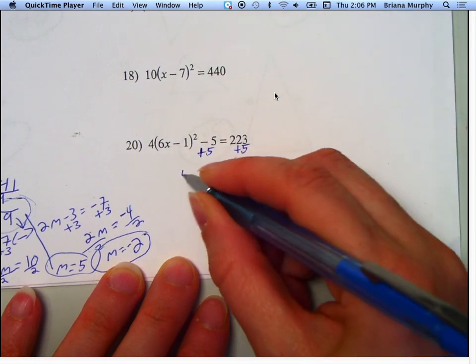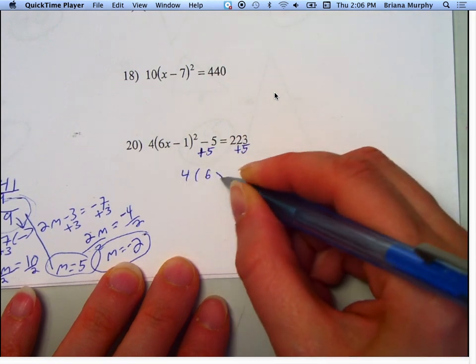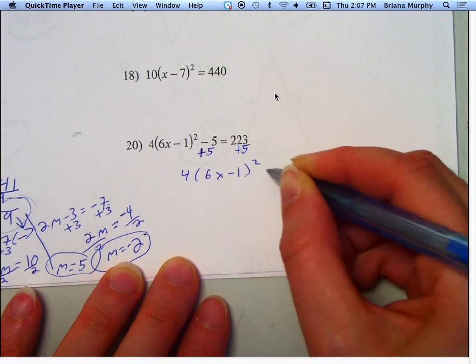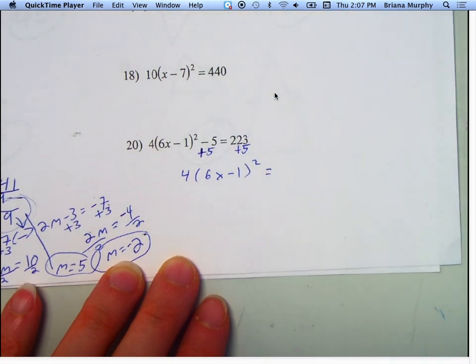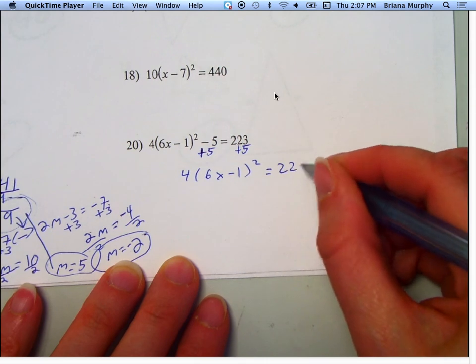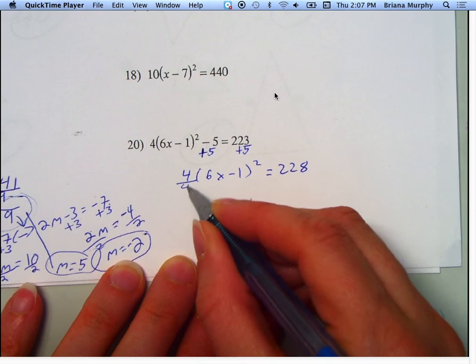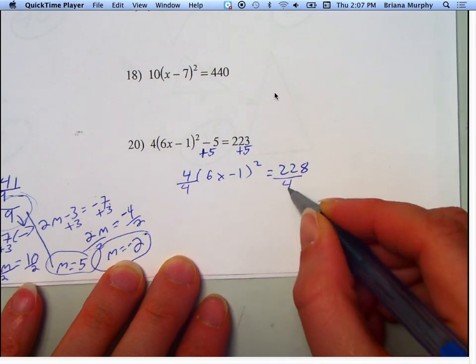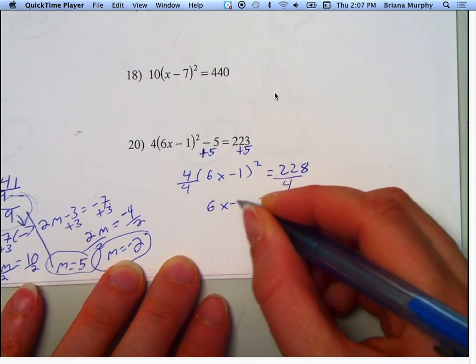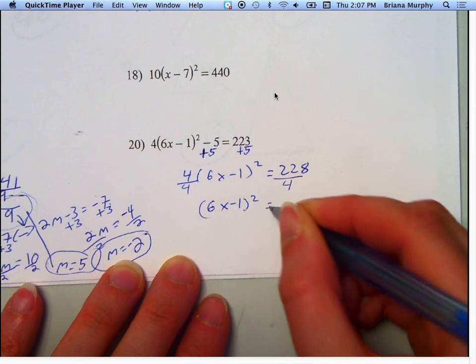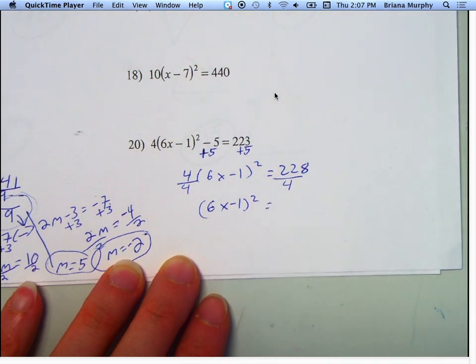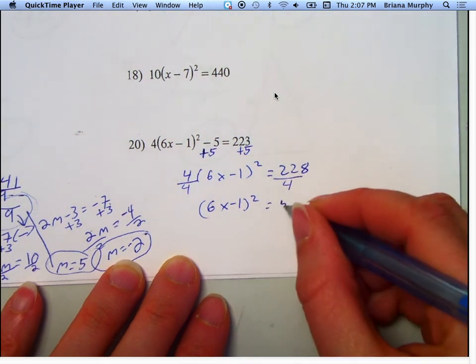And I get 4 times 6x minus 1 squared equals 223 plus 5 gives me 228. Now I'm going to divide it by 4. And 6x minus 1 squared equals 57.